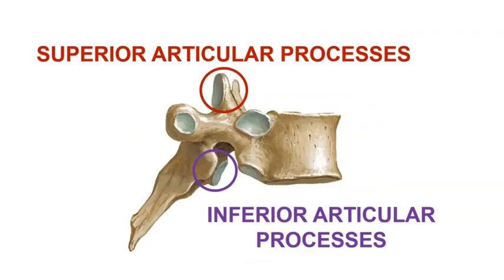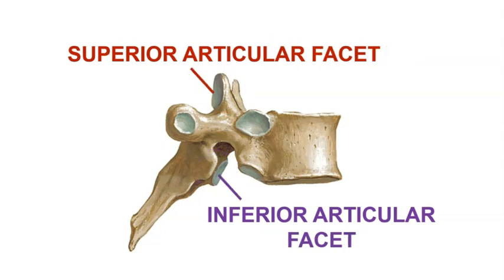If we take a lateral perspective here, emerging from the superior and inferior aspects of the vertebral arch are the superior articular and the inferior articular processes, respectively. On the superior articular processes are smooth surfaces called the superior articular facets, and we see the same structures on the inferior articular processes.